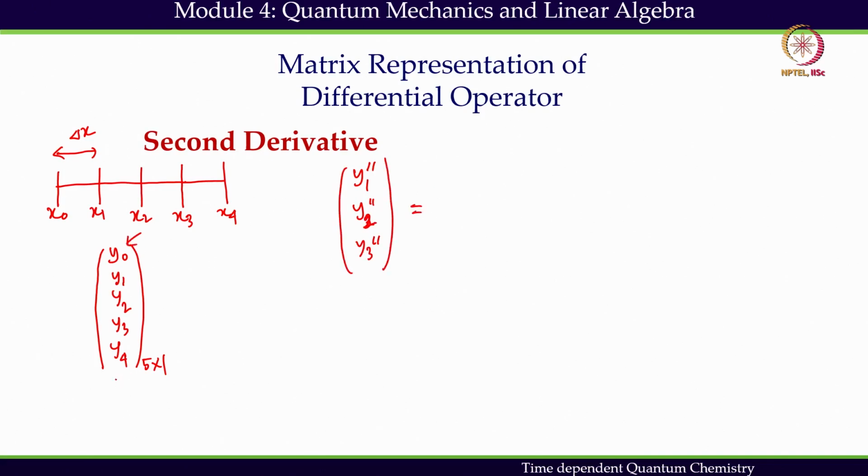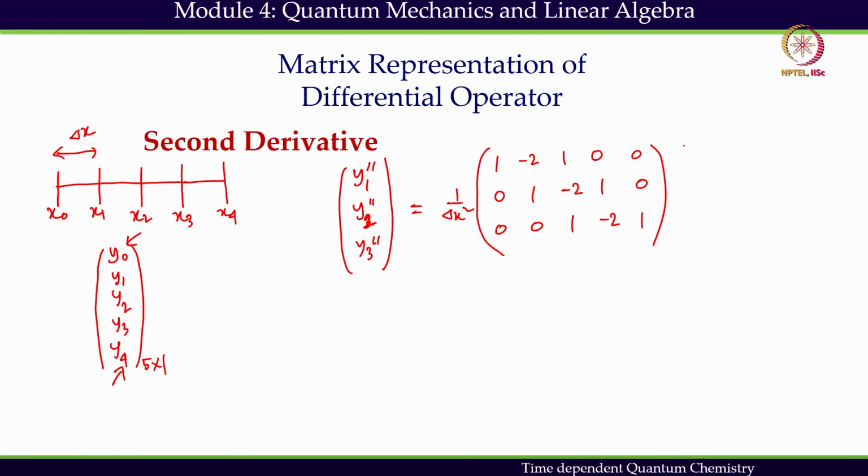At the first point and at the last point I will not get the second derivative, because I do not have the data point required to calculate that derivative. So this is going to be 1 by delta x square, and now I will explicitly write down the full matrix: 1 minus 2 1 0 0, then 0 1 minus 2 1 0, then 0 0 1 minus 2 1.